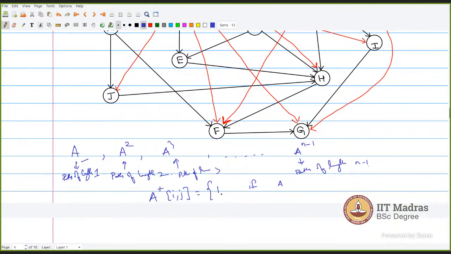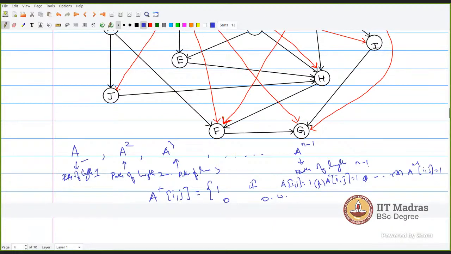So A(i,j) is 1, or A squared (i,j) is 1, and so on, or A to the power n minus 1 (i,j) is 1. If any one satisfies, I will give 1, otherwise 0. This is how we compute the transitive closure.